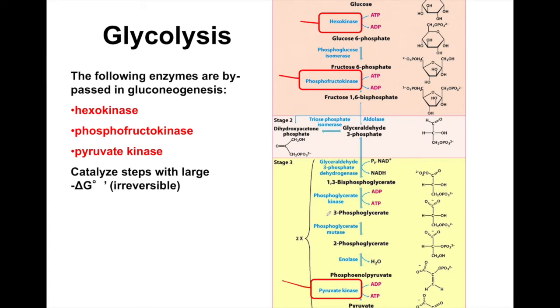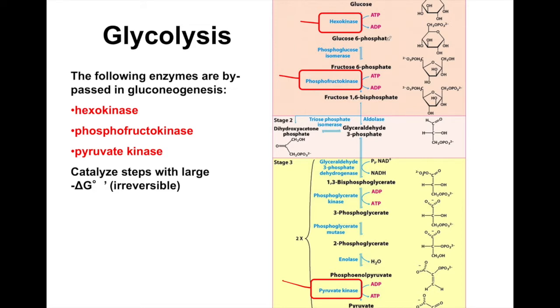These 3 steps had very, very large negative delta G values that simply could not be reversed. So we could not simply convert glucose 6-phosphate to glucose using hexokinase in reverse because, again, the delta G is far too negative for that enzyme to be able to operate in reverse.